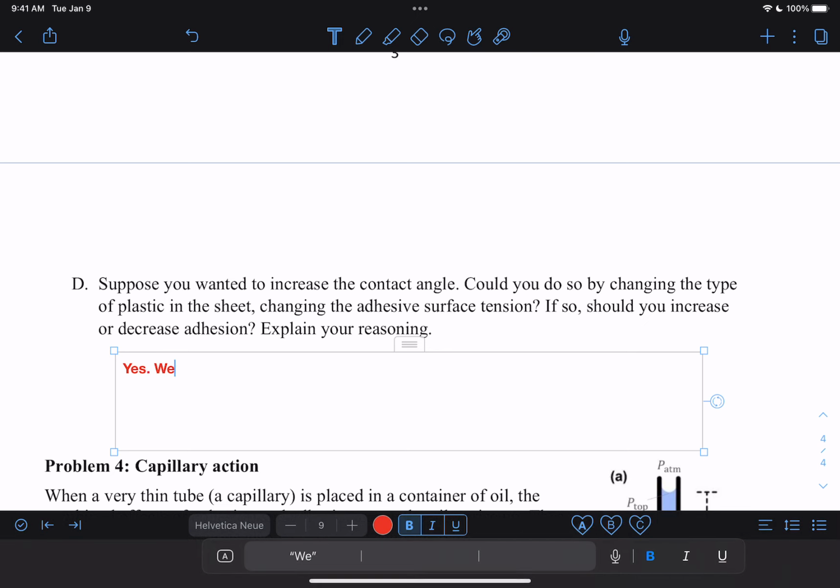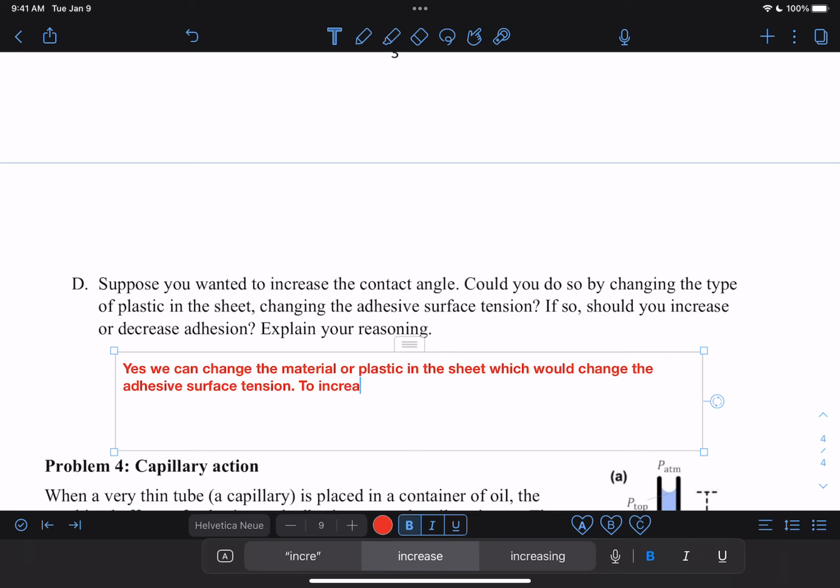So yes, we can change the material or plastic in the sheet, which would change the adhesive surface tension. To increase the contact angle, there must be a decrease in adhesive tension.